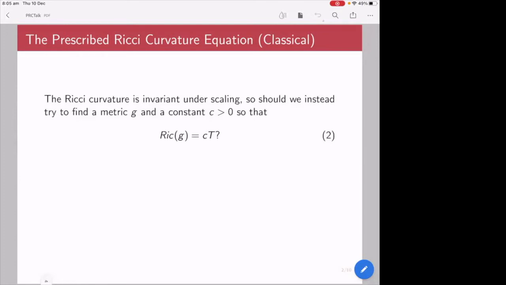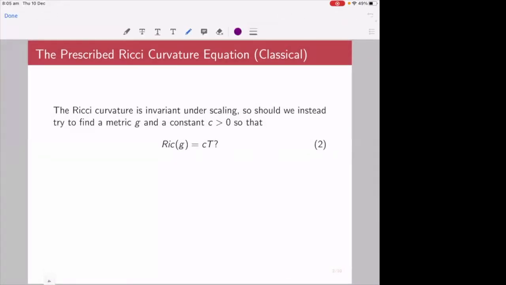So that means that if we're going to try and solve a problem like Ricci G equals T, the fact that constants are eaten up on the left-hand side somehow indicates that these constants need to reappear on the right-hand side. So perhaps a more reasonable problem to try and solve is, given a tensor T, can you scale it so that you can find a Riemannian metric G solving Ricci G equals CT?